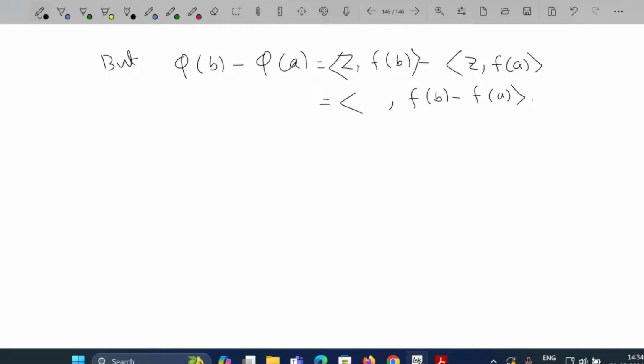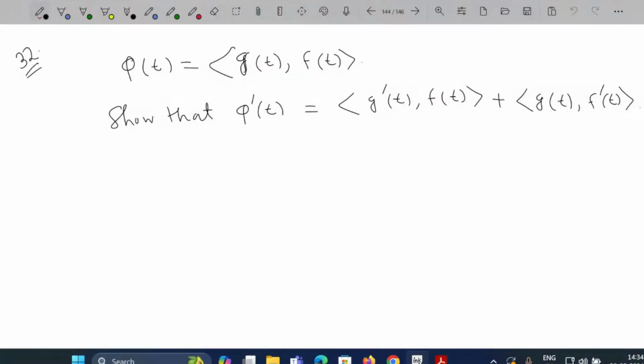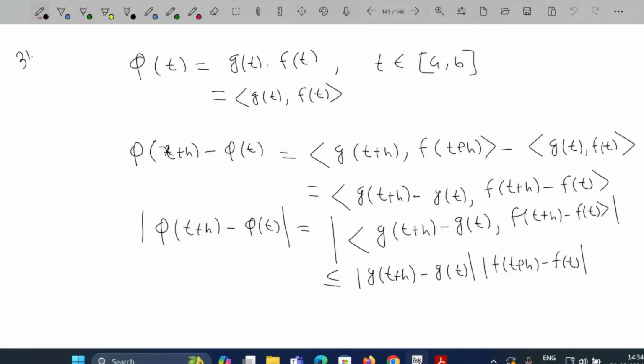Yes, yes, correct. This is j, mod of j whole square. Okay, so you have to consider one by one. 4 terms will come there. Okay, so here is some issue.